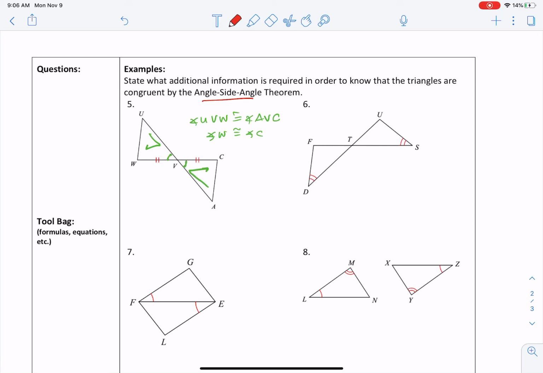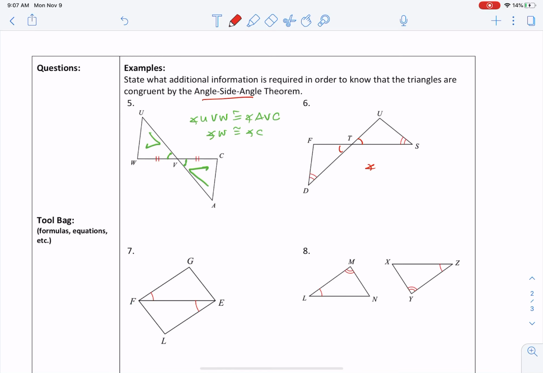I can do number 6. I know that these are vertical angles, but it still has to be stated. So I have to be able to say that angle FTD is congruent to angle UTS.